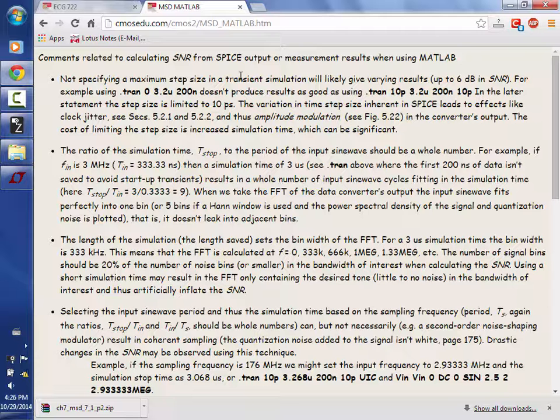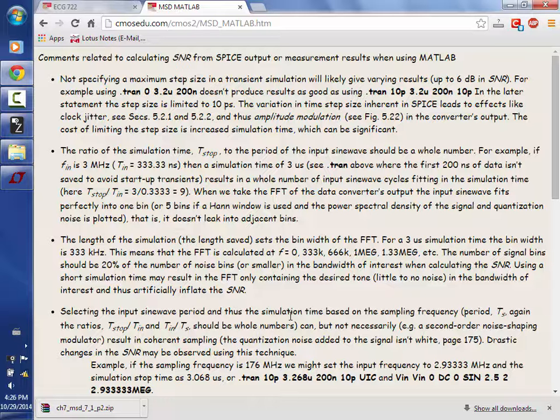If you look here, there's a bunch of things about SPICE simulations, and you need to understand these. When you're doing your SPICE simulation, if you pick sine waves, and you pick the length of the simulation so that it's not a whole number of sine wave cycles, you're going to get weird signal to noise ratios, because you're simulating and you get to the one point where you stop right here.